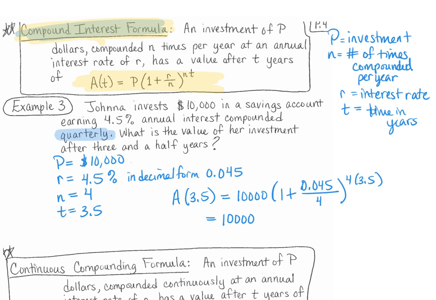Tell me what 1 plus 0.045 divided by 4 is going to be. Just 5 decimal places out to the right. You said 5, right? So if you have 6 decimal places, you're going to have to do what?